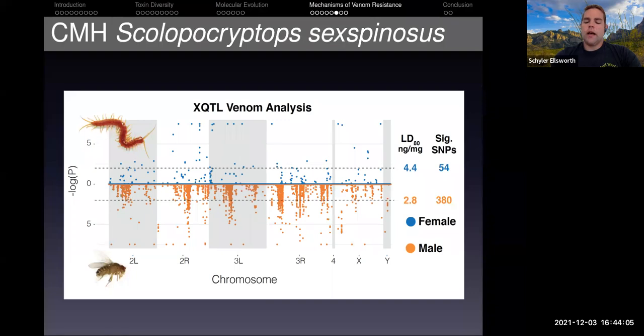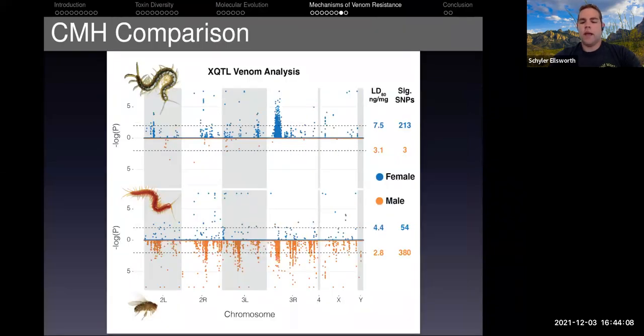If we look here at a more comparative view with the two graphs stacked on top of each other, we were trying to think of potential mechanisms for how this could have happened. When we're thinking about venom resistance, there could be generalized venom resistance mechanisms related, for instance, to the immune response: there's a foreign protein in the body, and the immune system will try to get rid of that protein and respond to it.